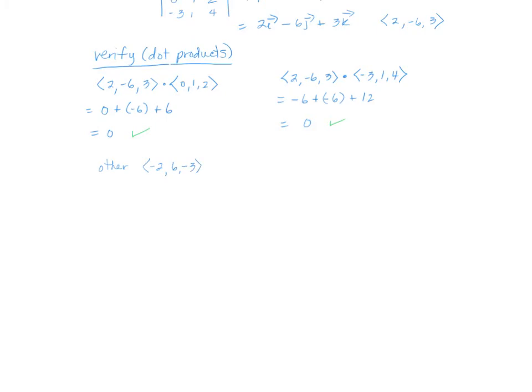And you can verify that if you dot them with the two given vectors, their dot product is 0. Now these are not the only normal vectors to the given vectors, but cross products are a way to find a normal vector to your given vectors. There are actually infinitely many vectors that are normal to both u and v.